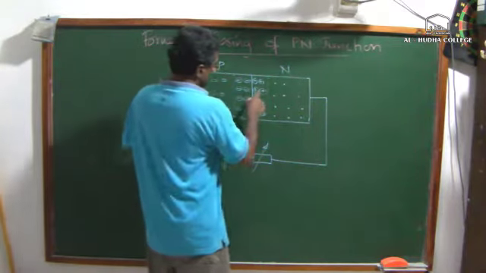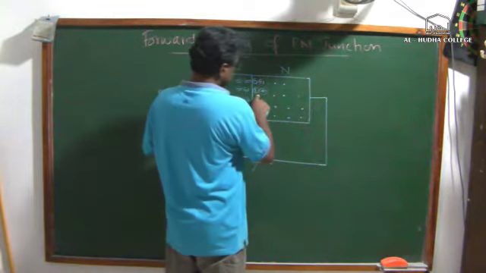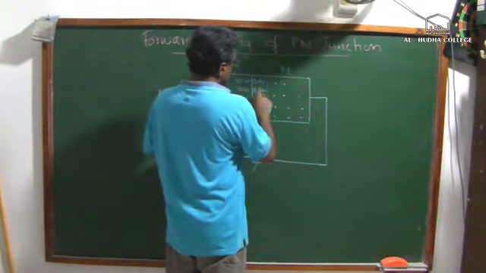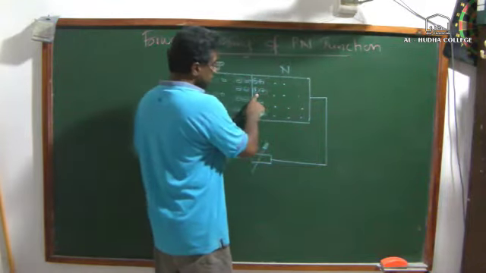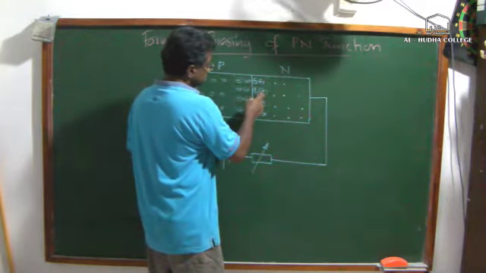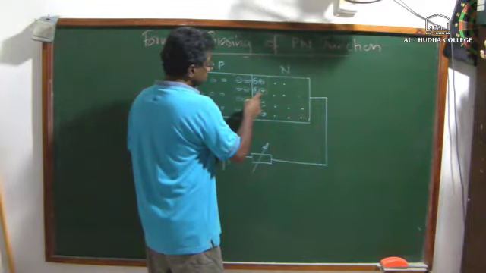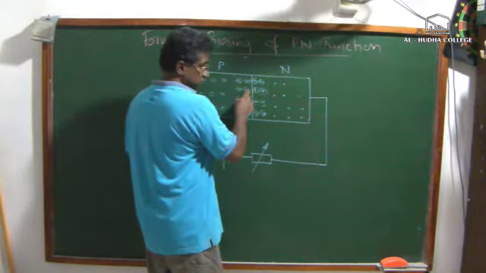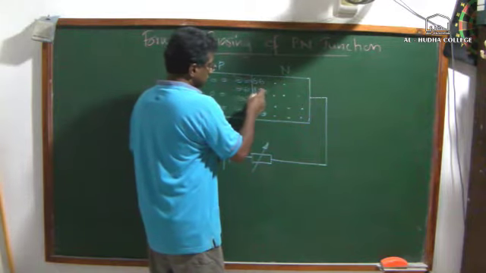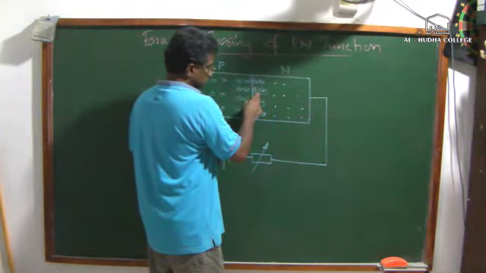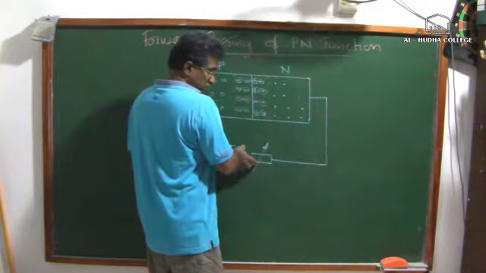Then on the p side, positive ions were created because they allowed the electrons to diffuse from this side to this side, right? So there is a vacancy for electrons. Here we have plenty of electrons.